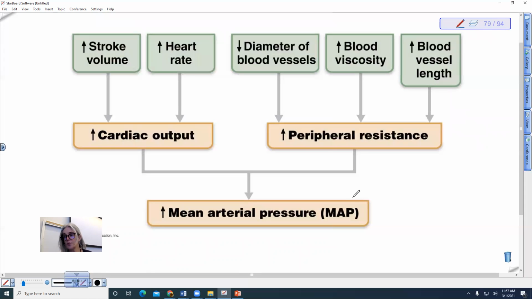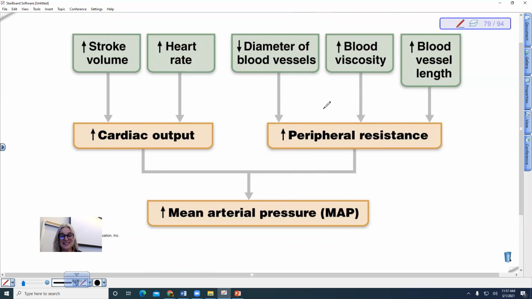If you increase your peripheral resistance by decreasing the diameter of the blood vessels, or by increasing blood viscosity and blood vessel length, then you're going to get an increase in the mean arterial pressure.